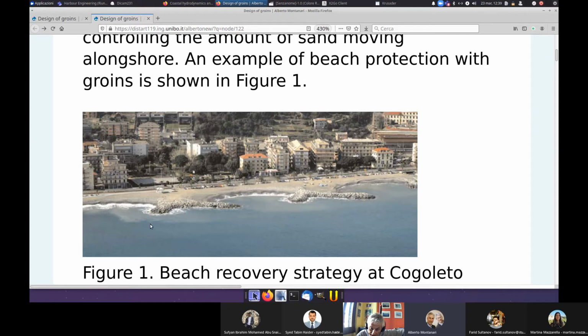So it is important that, when it is T-shaped, or anyway when it is modeled, the end of the T on the downdrift side is pushed seaward to protect the downdrift side of the groin from erosion.